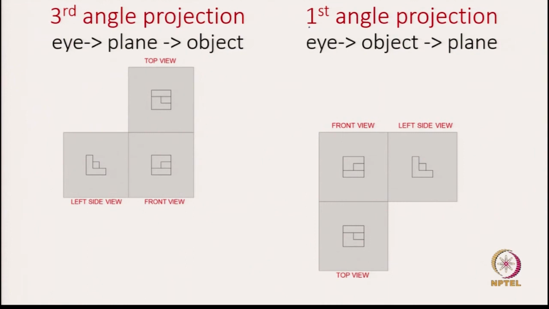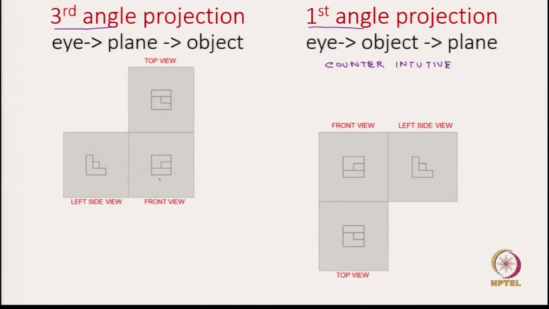So, to the right is the first angle projection and to the left is the third angle projection. We said the first angle projection is counterintuitive, where we place the top view below the front view.